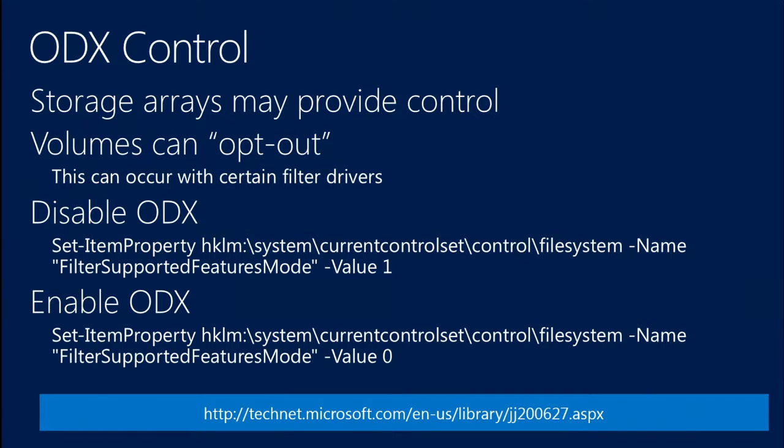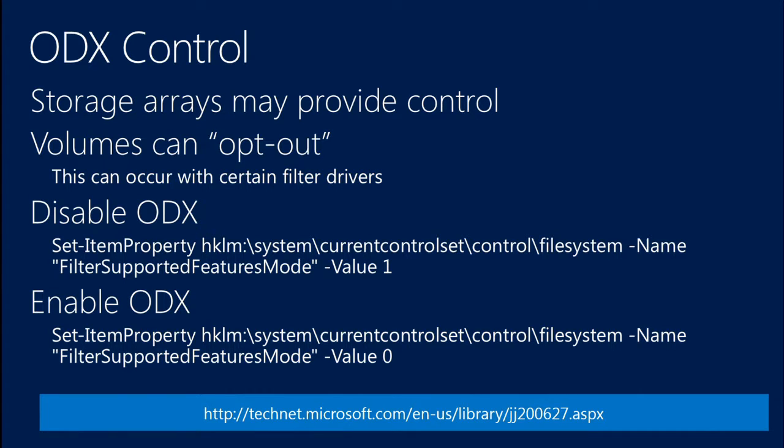Control. So how do I control using ODX? I said it was simple. Well, it is pretty simple. Volumes can opt out, and what that means is if there's a filter level driver on a storage volume that doesn't understand that ODX SCSI call, it will block it, so it just won't work. And where we've seen this happen is with some older virus scanning software, things like that.